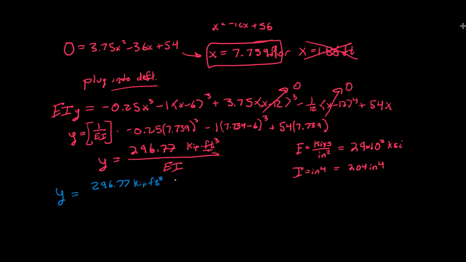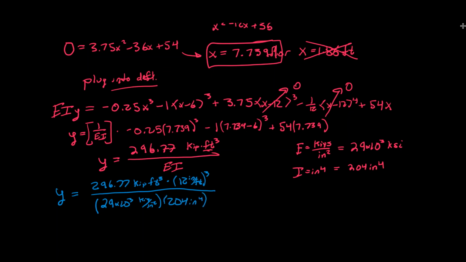I need to convert that to inches, so I'm going to multiply by 12 inches per foot to the third power. And then I need to divide by EI, so it's going to be divided by 29 times 10 to the third, which is kips per inch squared, and then also multiplied by 204 inches to the fourth.